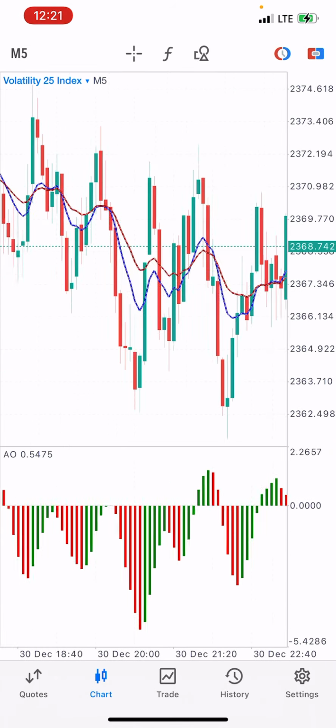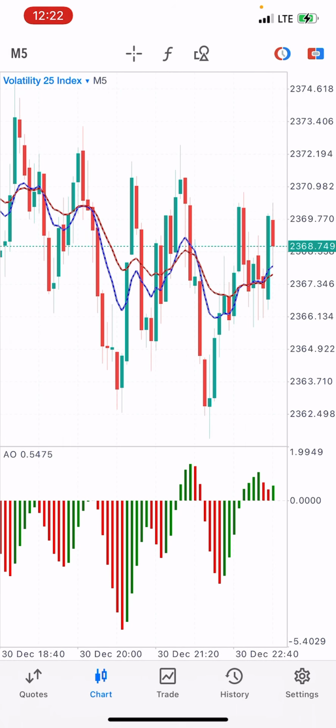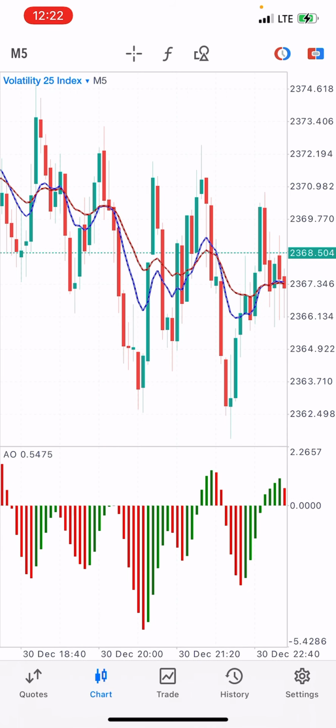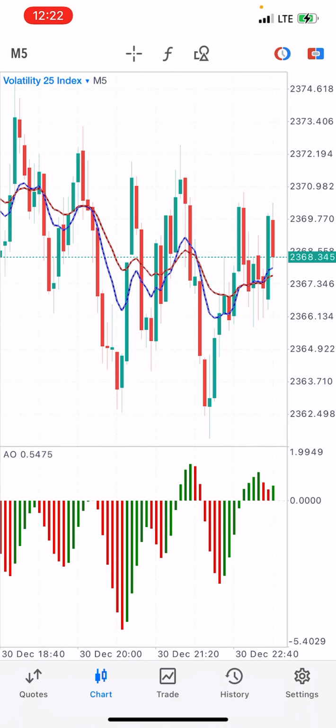You can see it also works for this strategy. It's a very powerful strategy, guys. Very powerful strategy to make money. You can make money with this awesome strategy for volatility 75 index, volatility 1s, volatility 10 index, volatility 25 index.